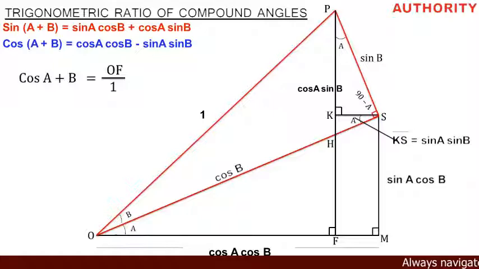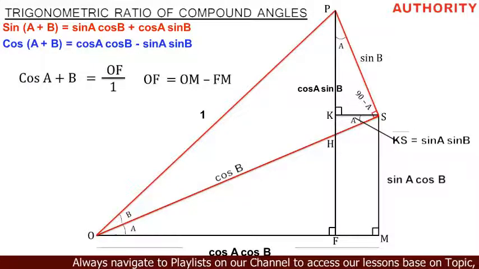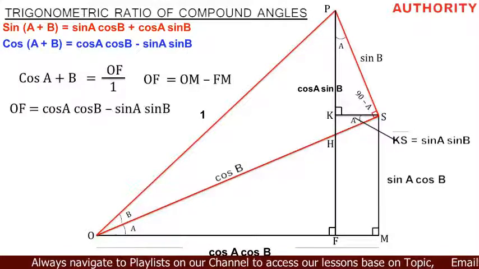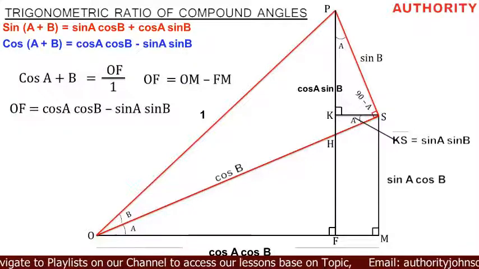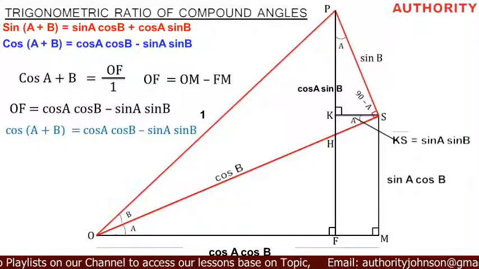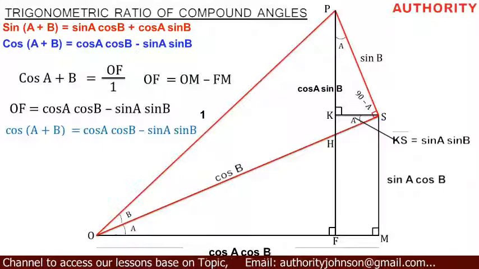When we have OM, we will just remove KS from OM, and it will give us OF. So when we cut FM out of OM, we have OF, which is cos A cos B minus sin A sin B. Yes, that is the proof.